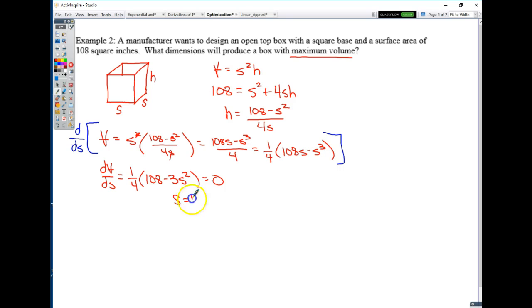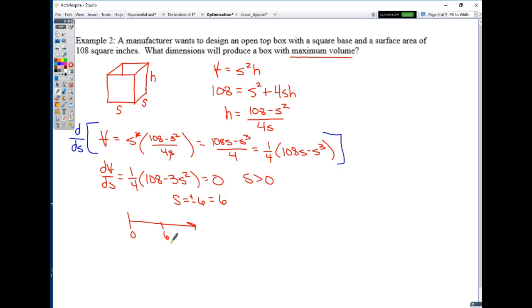Plus or minus 6. And let's be smart about that, because if we think about the limits for S, S definitely has to be bigger than 0. So really, I just want S to equal 6, because minus 6 is extraneous. Look, we've got a 6 again. That's cool.